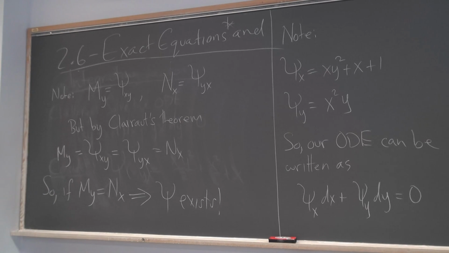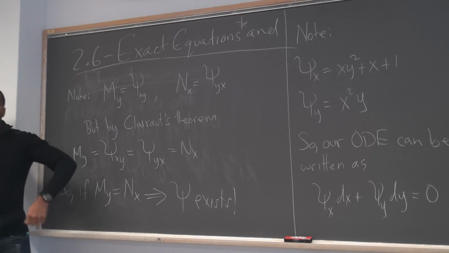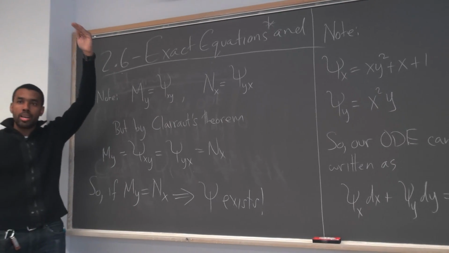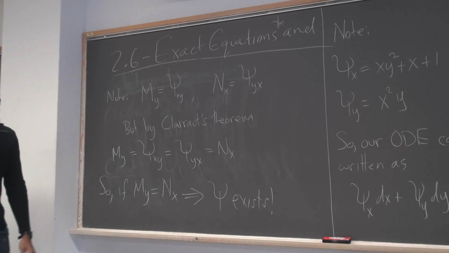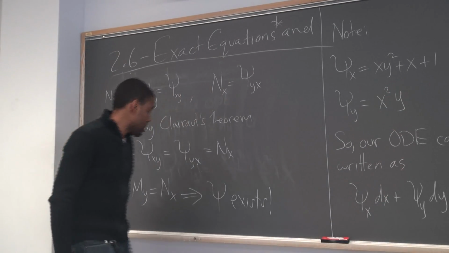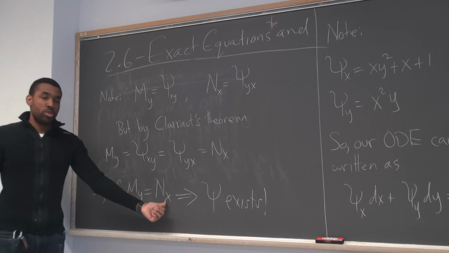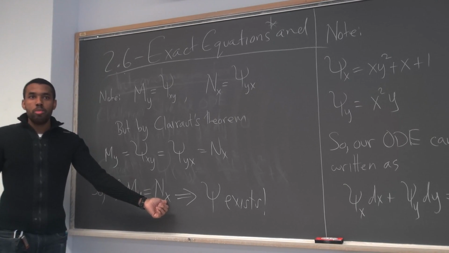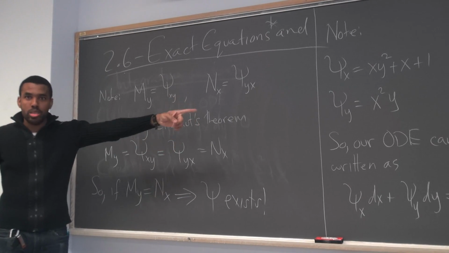So all we have to do is make sure the second order partials match up, and it would mean there's some function two steps back that gave us both M and N. If you have a differential equation that looks like M dx plus N dy, and the partial with respect to y of the M component equals the partial with respect to x of the N component, it means there is such a function that will solve this differential equation in the manner that I did before.